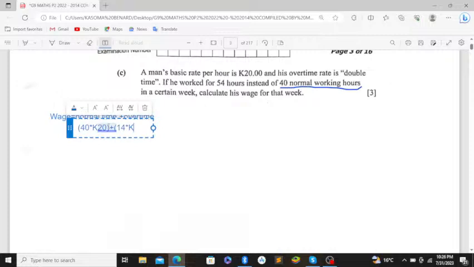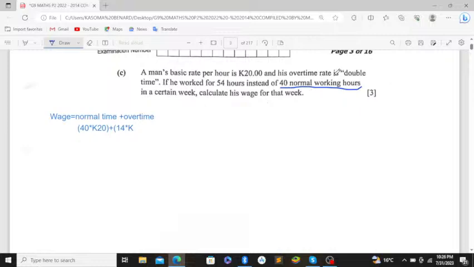Now, where is this 40 coming from? We are told that a man's basic rate per hour is 20 kwacha, and his overtime rate is double time.